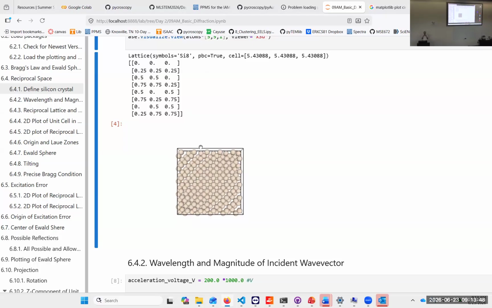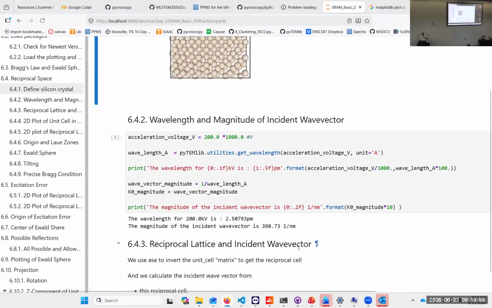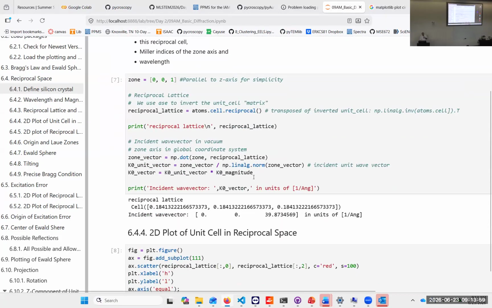So we have a cube, we put our atoms here in relative coordinates all over the place. Crystallography in 2 seconds, okay?